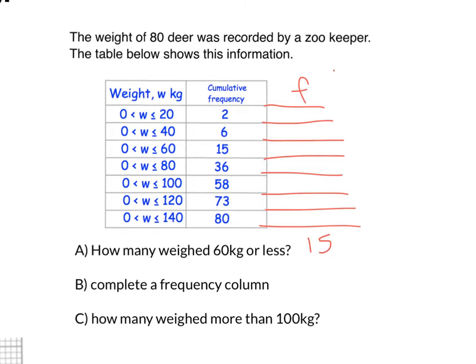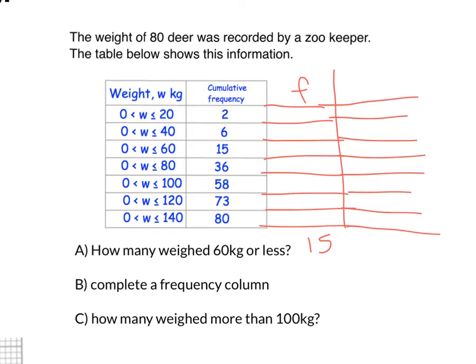And the frequency column really only works if we can correctly label the groups as well. So for cumulative frequency, it's always 20 or less, 40 or less, 60 or less, 80 or less. The groups themselves, the first one would run from 0 to 20, but the second group runs from 20 to 40. So let's do these as we go through.